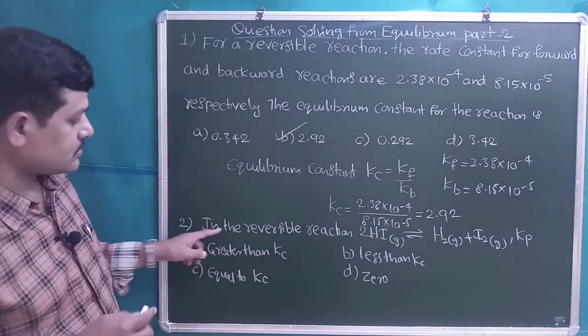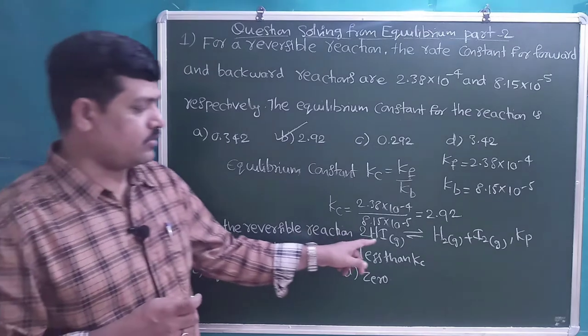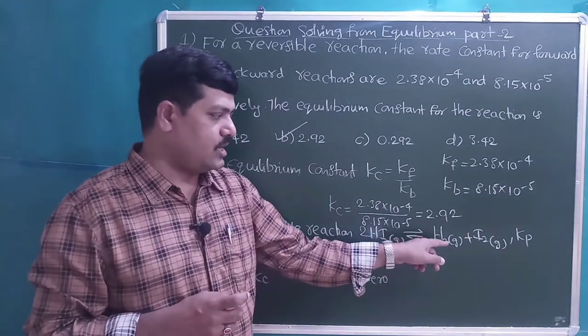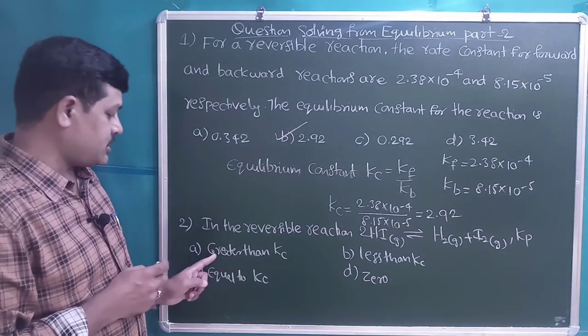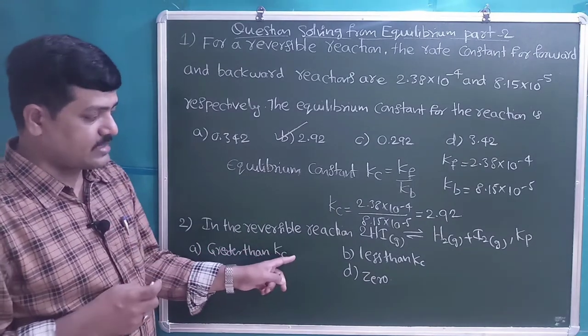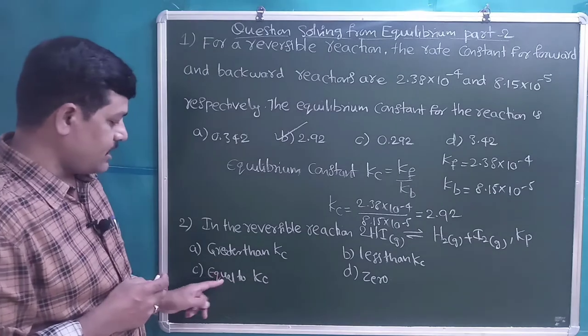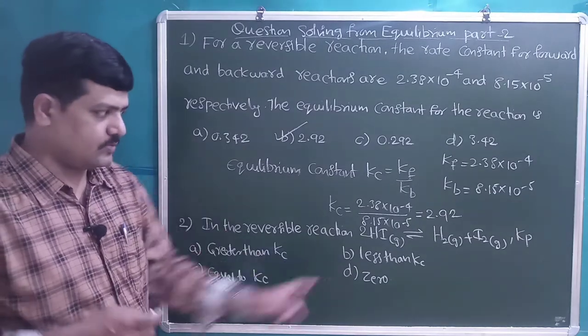Next question. In the reversible reaction, 2HI gas gives rise to H2 gas plus I2 gas, Kp, options are given as greater than Kc, less than Kc, equal to Kc, 0.